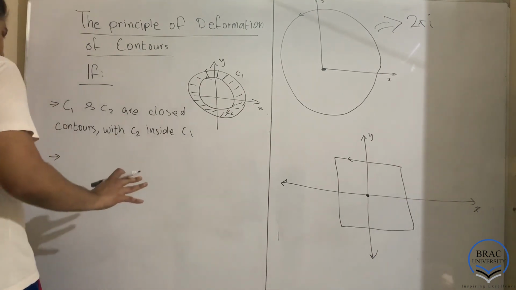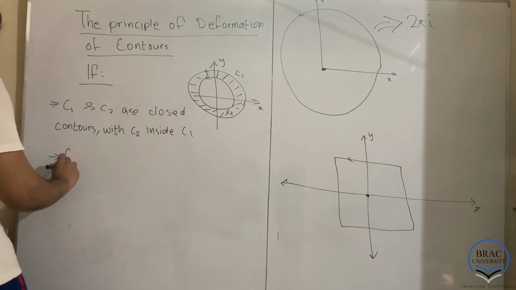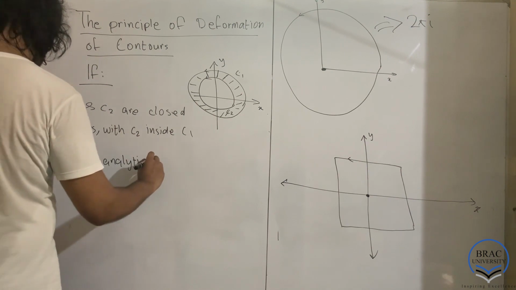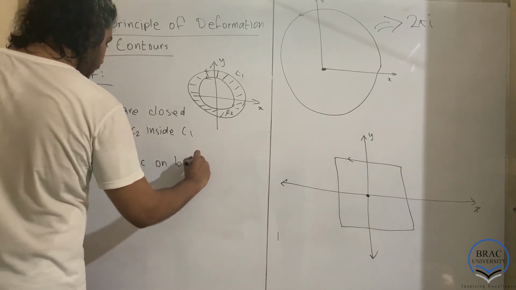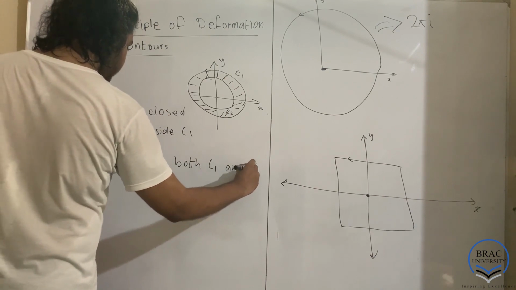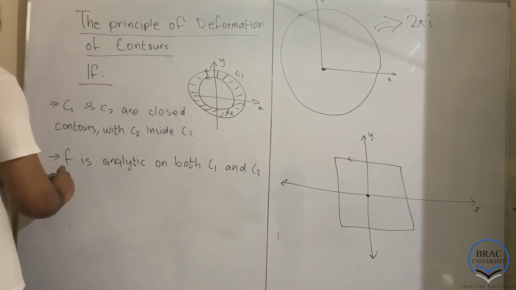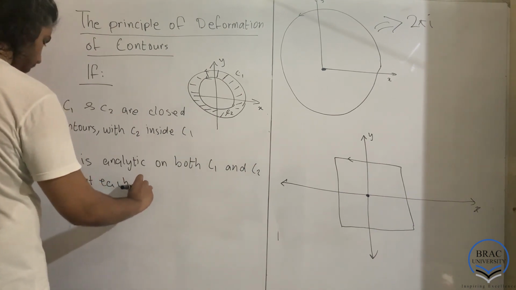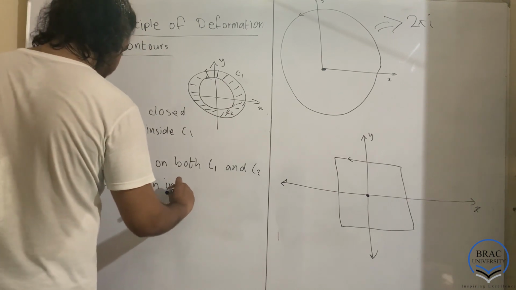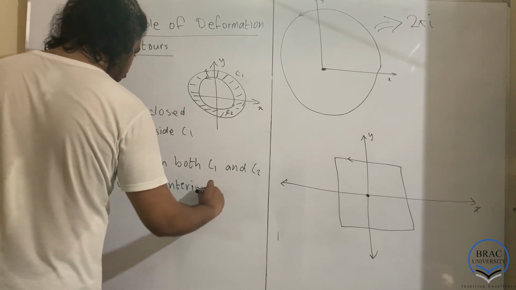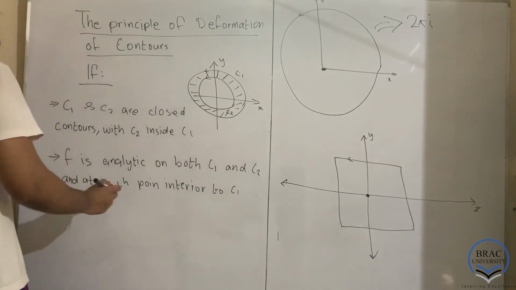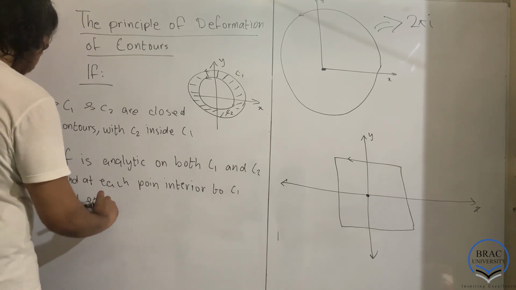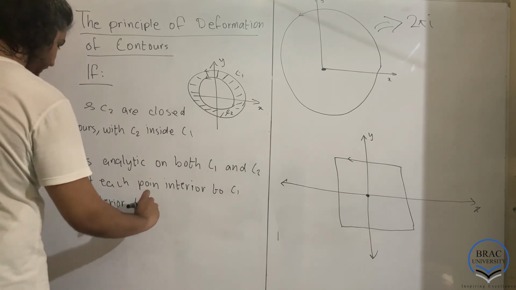So given all these, let me write it officially. f is analytic on both C1 and C2, and at each point interior to C1 and exterior to C2.